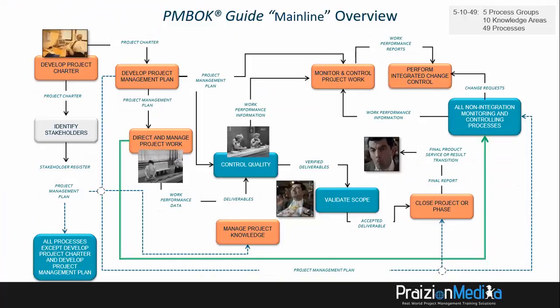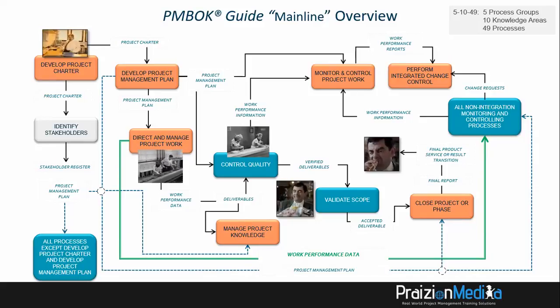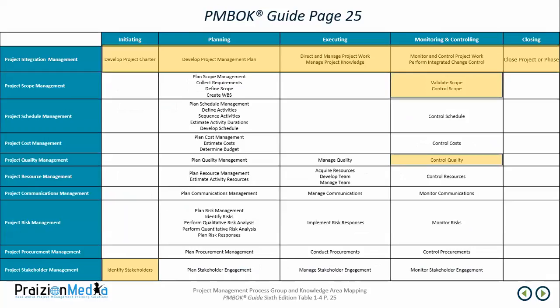Be aware of the big green main line, which supplies work performance data. I've already shown this to you, but here it is formally, WPD. Also be aware that deliverables is an input to the manage project knowledge process because we could learn a whole lot from our deliverables.